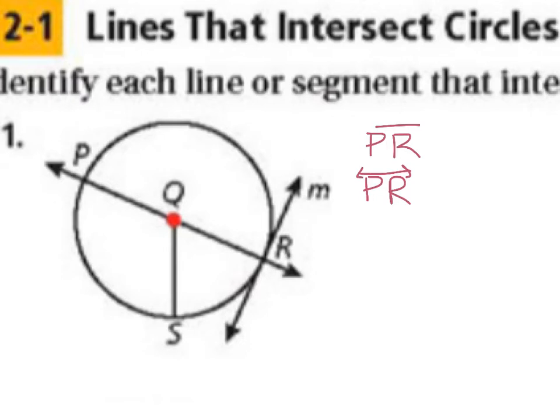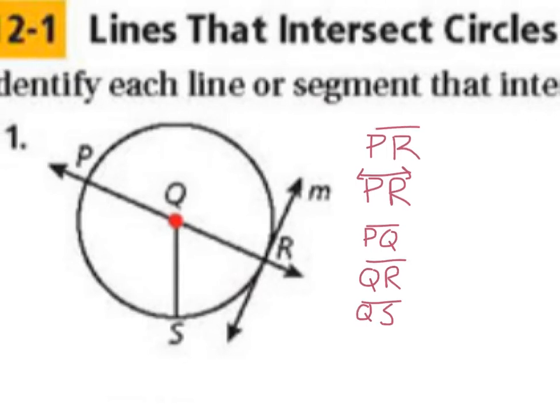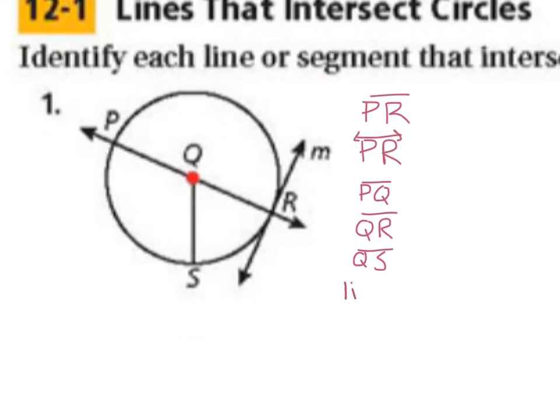We have segment PQ, segment QR, and segment QS. And then we have line M. Remember, if it's a lowercase letter, we only have to name the line by one letter. And then we have point R.